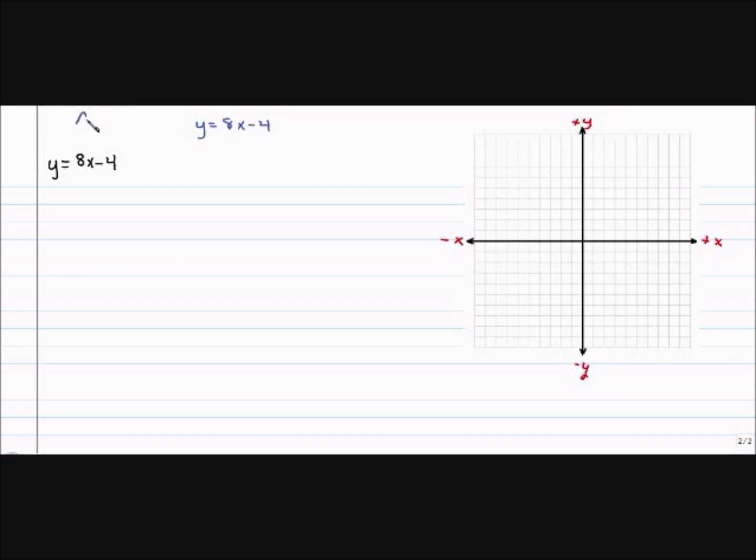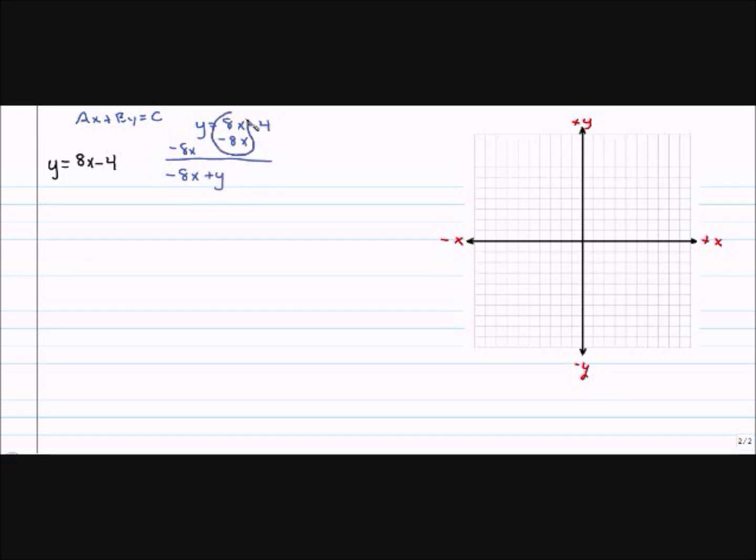Remember, standard form is ax plus by equals c. I need my x to move over to the other side, so the opposite of positive 8x is a negative 8x. So I'm left with negative 8x, a positive y.